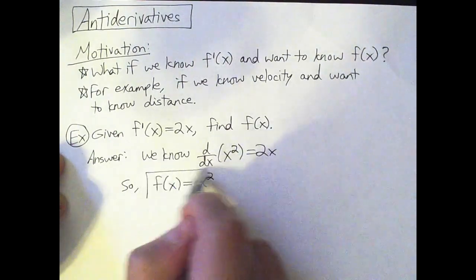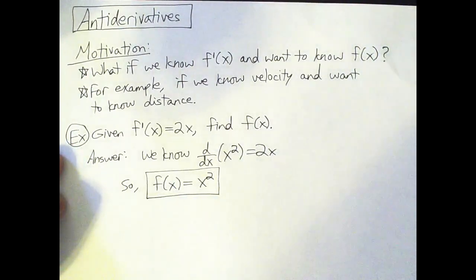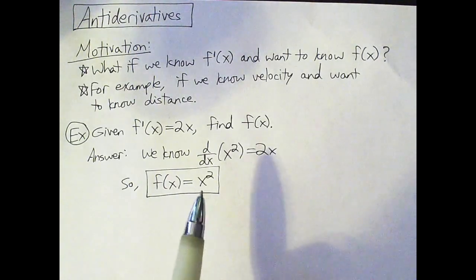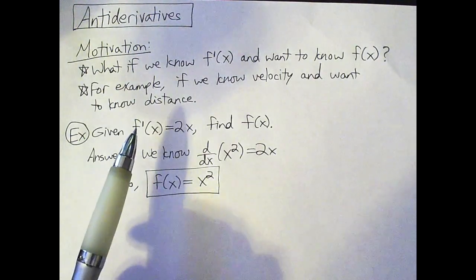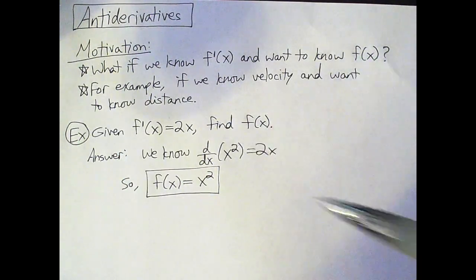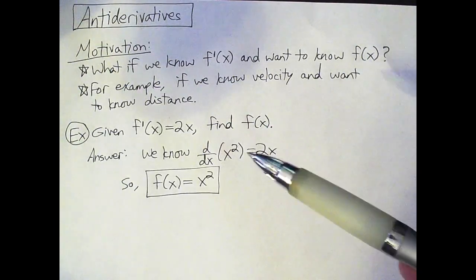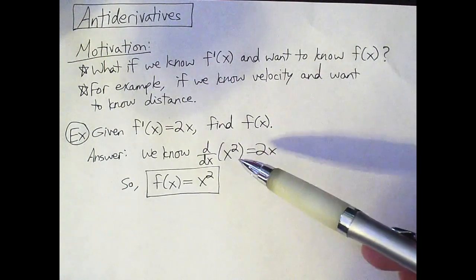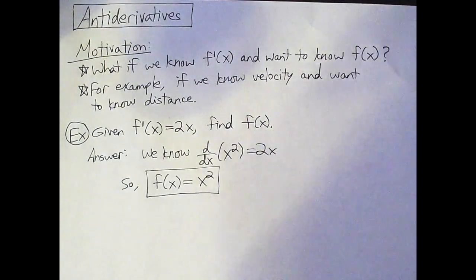How about that? So f of x equals x squared works because if you tried to find f prime, you would get 2x, and that means this is the answer. Well, how did we get that answer? We thought about what we know about derivatives in reverse. I was thinking, do I know a function that when I take the derivative of it, I'm going to get 2x as the result? And x squared seems like a good choice.